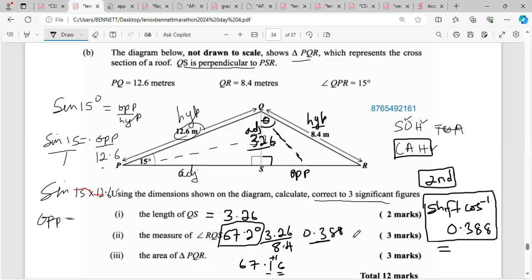All right, so now we're good on that. Now they ask us to find the area of the entire triangle. There are two ways you can do that. We can go the long route, which I wouldn't advise, because you would have to calculate the length of this, saying 8.4 squared minus 3.26 squared and so on.